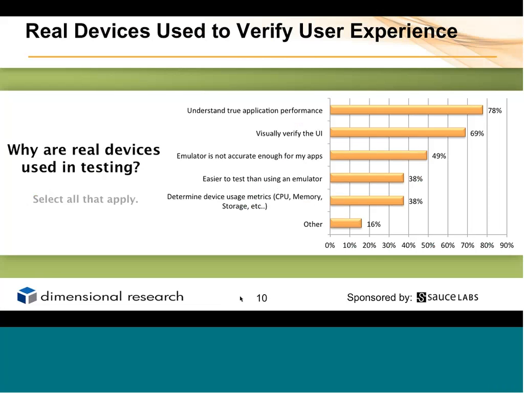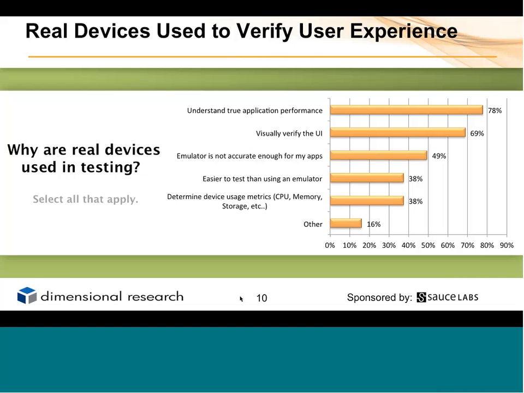So a lot of times, while we may think about functional testing and all of those tests that need to be done and validated, one of the real drivers to use a real device in testing is to know how this will perform on this OS stack with the standard memory, maybe with a couple other apps running in the background. What will the experience be that our users get? And that was the driving reason that people are using real devices.